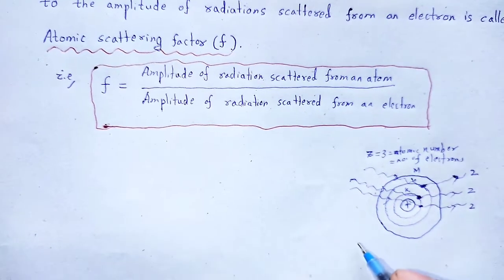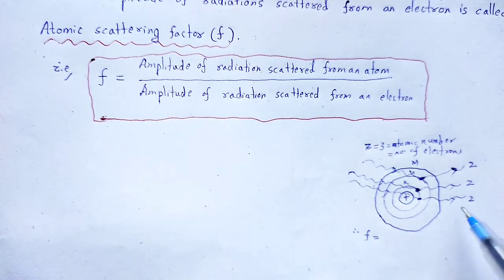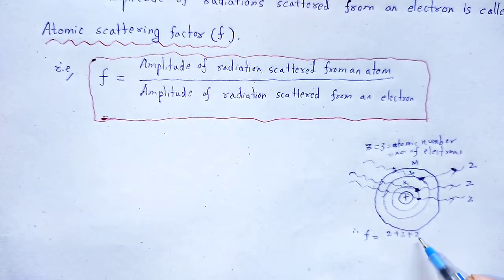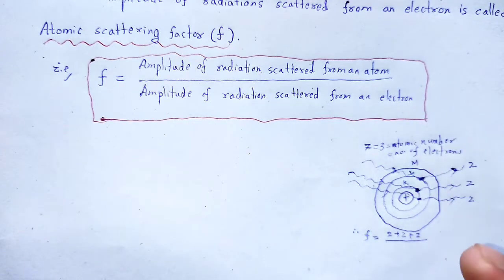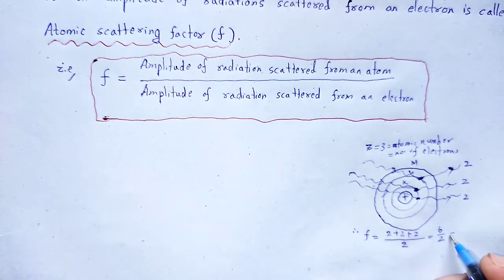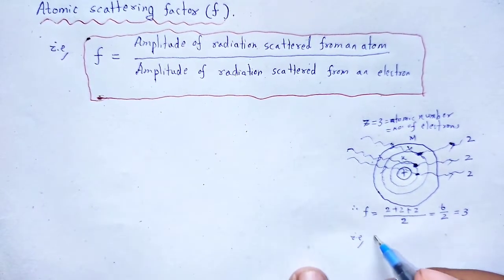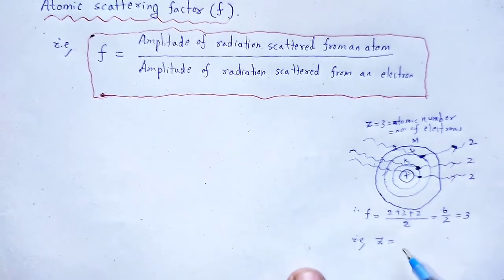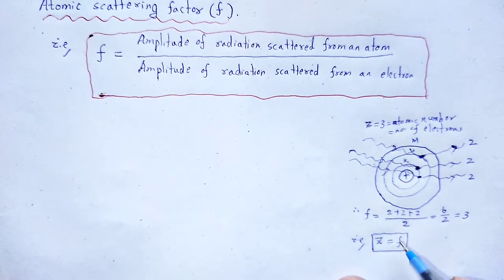So from our formula, F is equal to the sum total of amplitude from the atom, 2 plus 2 plus 2, divided by the amplitude of radiation scattered from 1 electron, which is 2. That is 6 divided by 2, which is equal to 3, that is Z is equal to F. So the atomic number is the same as the atomic scattering factor.